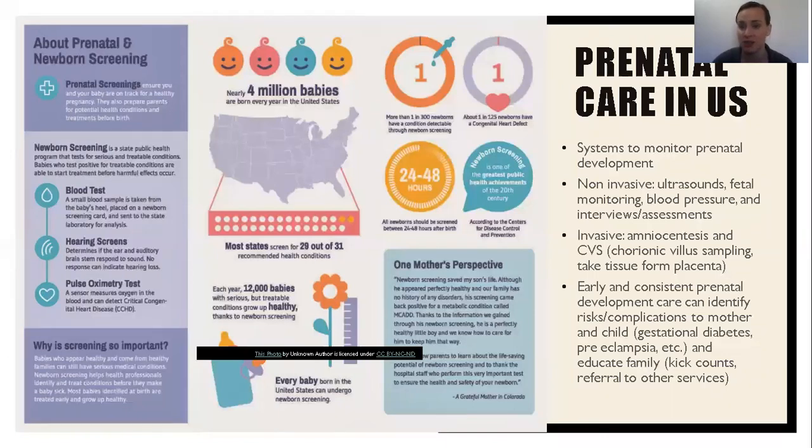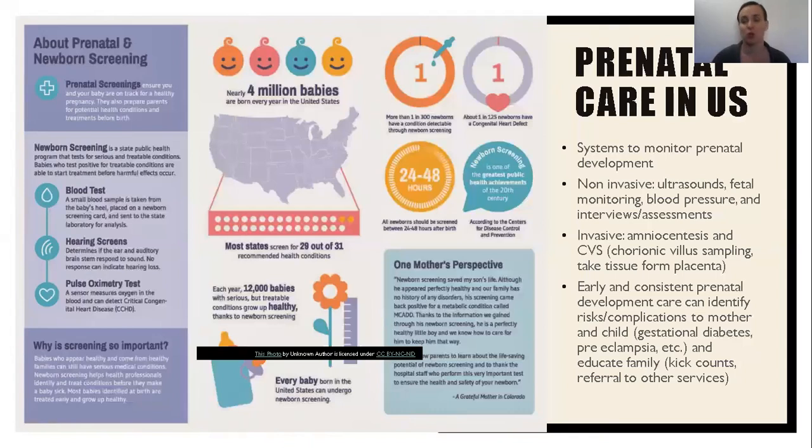So allowing all women to have access to that would also be another issue we could look at with the pre-seed models, that we all have access to healthcare. But really, it's a system to monitor prenatal development. The American Academy of Pediatrics has a systematic way that they want prenatal care to be used by all practitioners in the United States, so that it's equal for everybody.